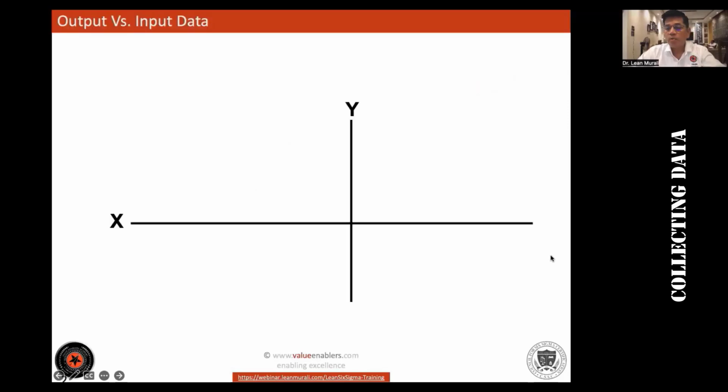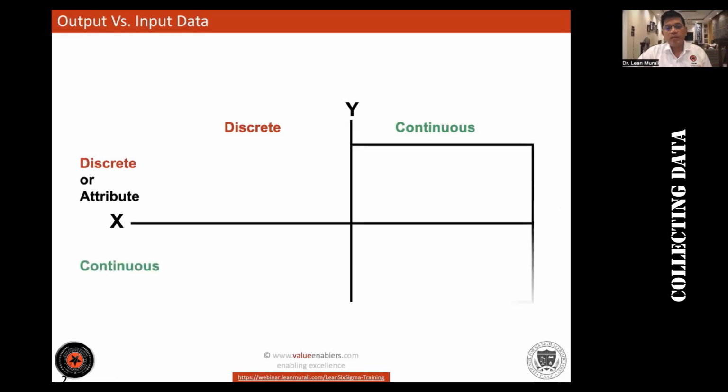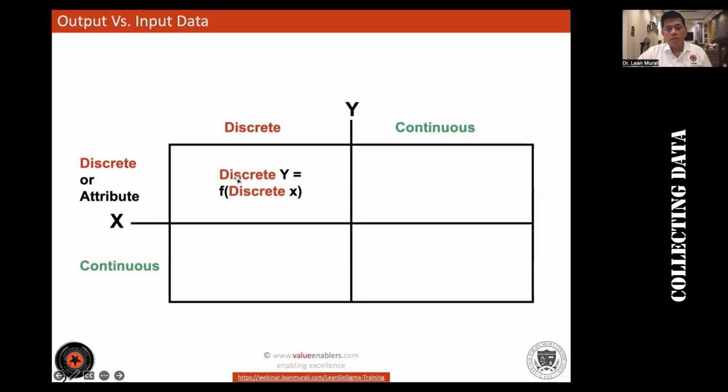Okay, I want to summarize this with two things. One is you can have the input as discrete data or the input as continuous data. You can have the output as discrete data or the output as continuous data. In Six Sigma we call it y is equal to f of x.